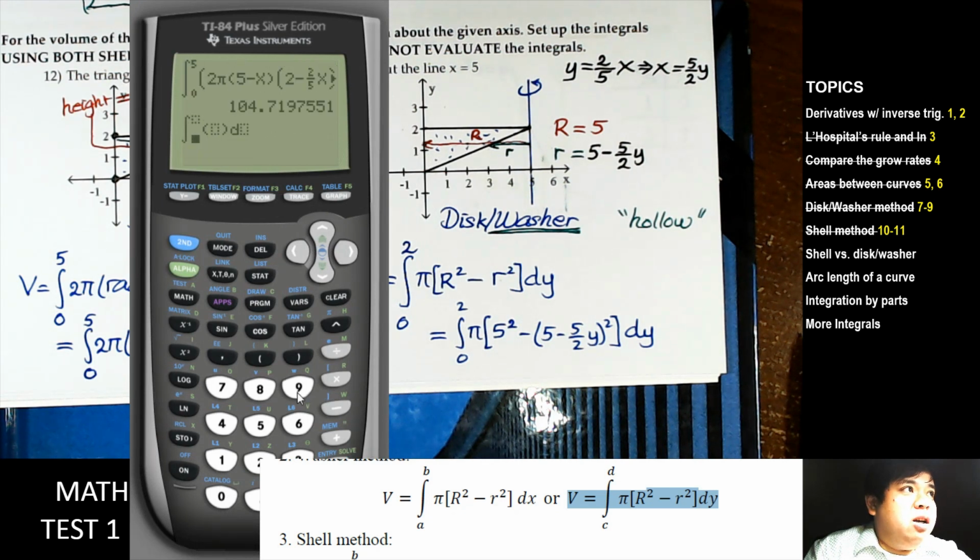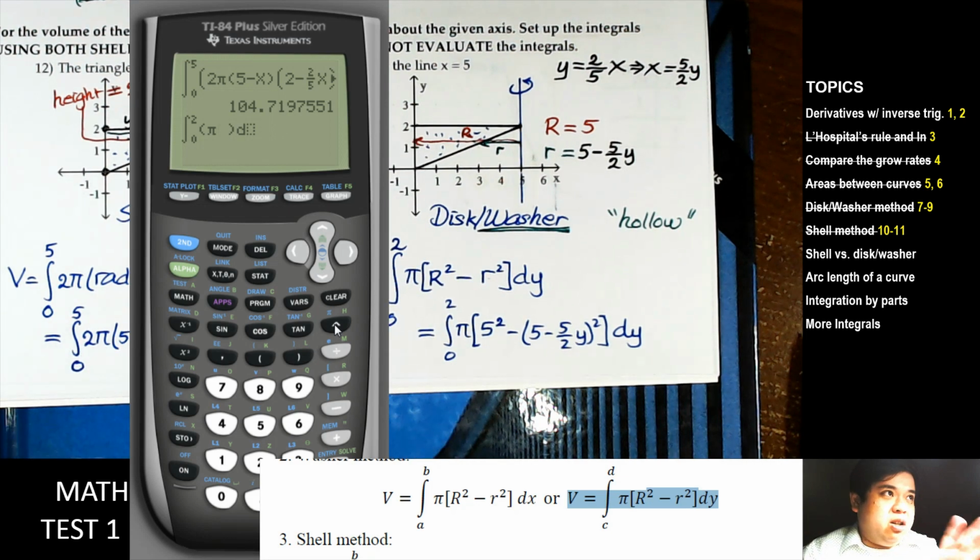Right, now we use the other one. Math number 9, 0 to 2. We can use y or any variable. I just use x. Second, that key for pi. Usually, if we want the exact number, we don't want to leave the pi here, but I just want to leave the pi here because we just compare the two answers.